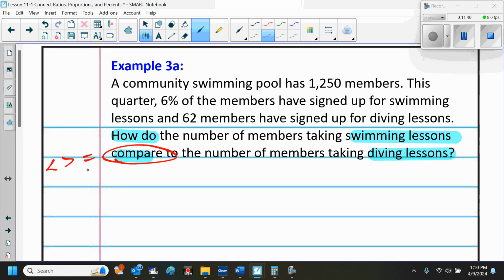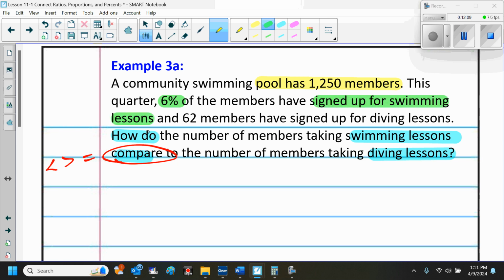Mm-hmm. Okay. Now, what else is important here that I should highlight? There's 1,250 members. Yep, there's 1,000. The pool has 1,250 members. That's a total, right? What else do I know? So 6% of the members signed up for swimming lessons.